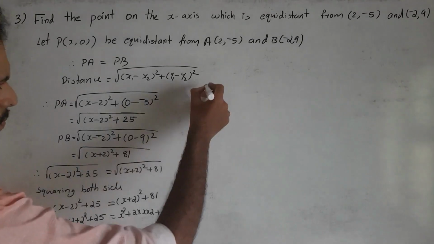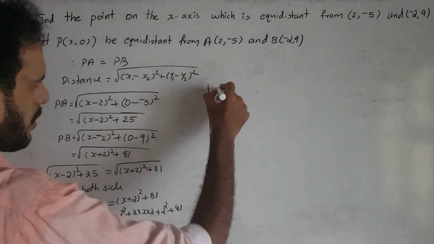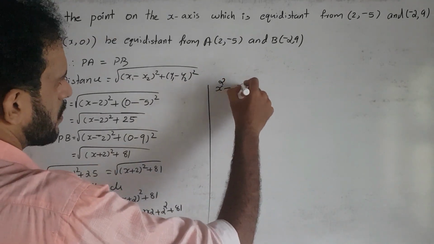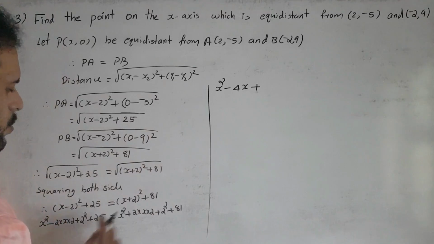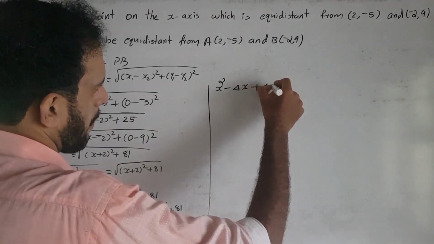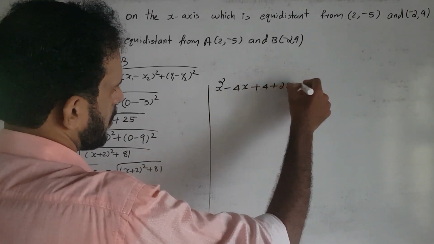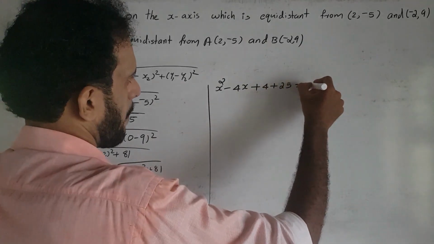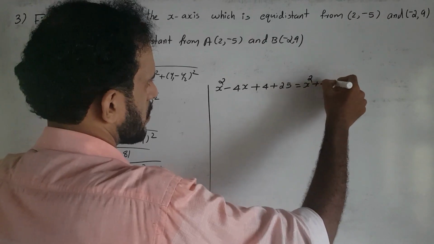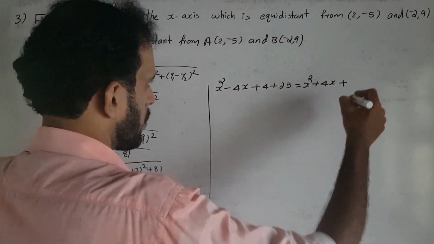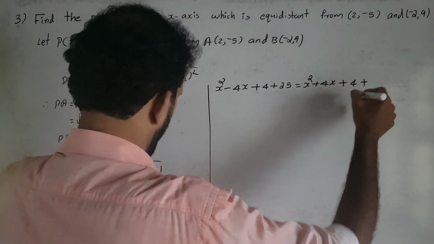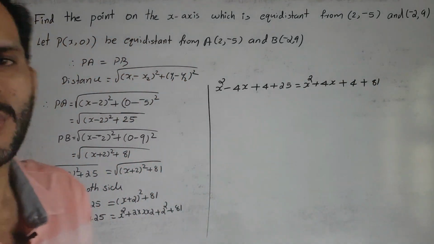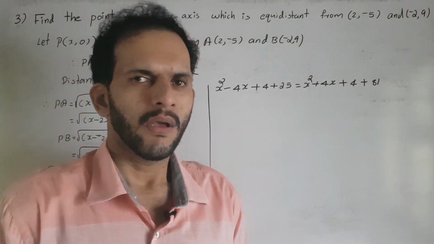Correct? Then what do we get? x square minus 4x plus 2 square is 4, plus 25, is equal to x square plus 4x plus 4 plus 81.